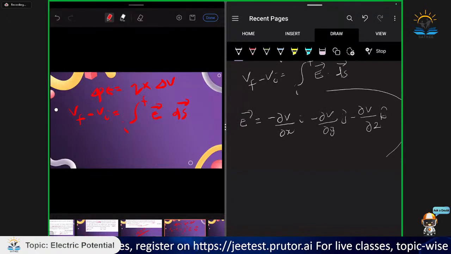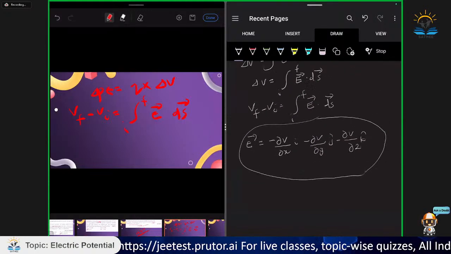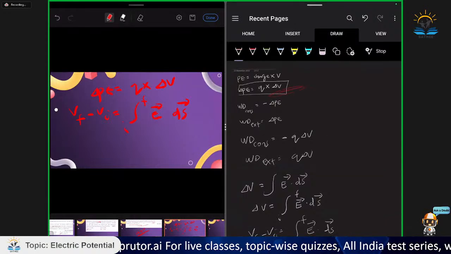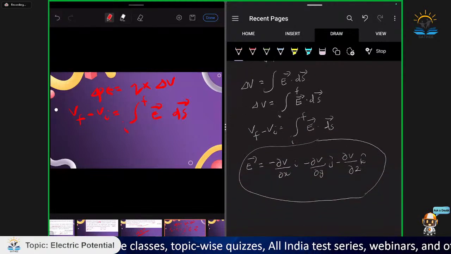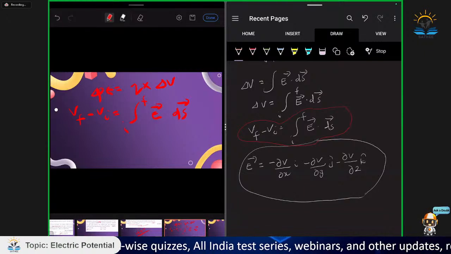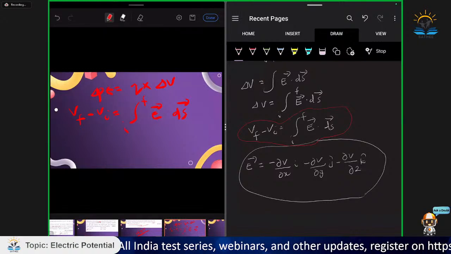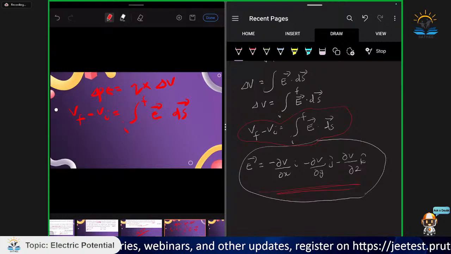This is also very important. So, 3 equations: change in potential energy is equal to Q into change in potential; V final minus V initial is equal to integral from I to F of E dot ds; and the electric field vector is equal to minus del V by del x i cap minus del V by del y j cap minus del V by del z k cap.